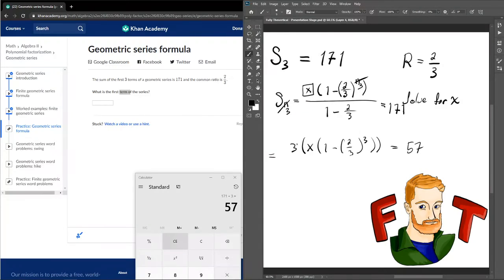It's 57, when you divide both sides by 3.